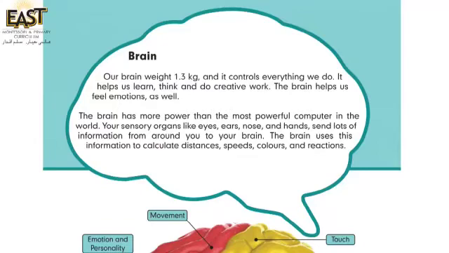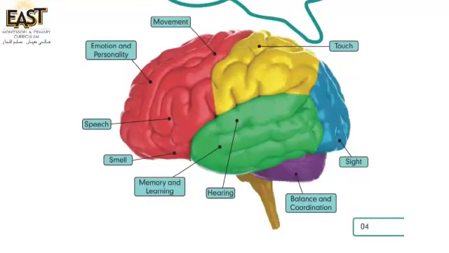In other words, which part of our brain makes us do our movements, and when we touch something, which part of our brain gets activated, where it works: sight, balance and coordination, speech, smell. So you need to draw this picture in your copy. Draw this picture and label it accordingly, just the same way you label this diagram of your brain in a copy.